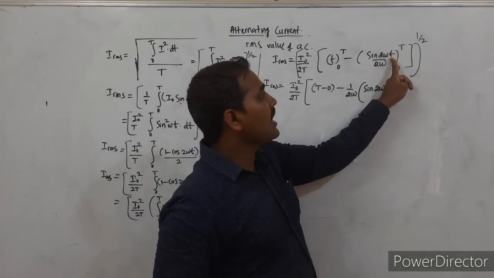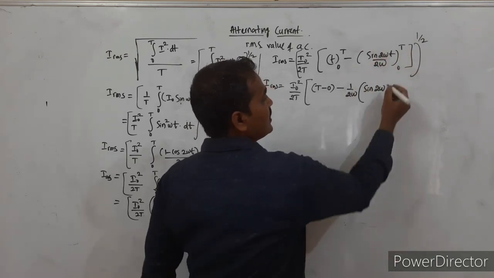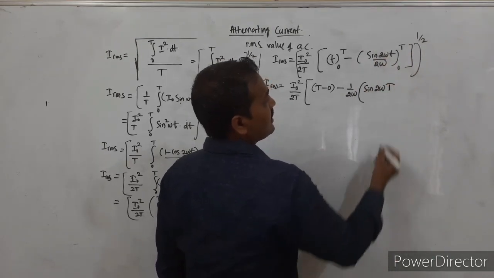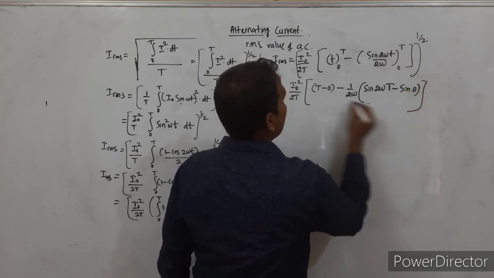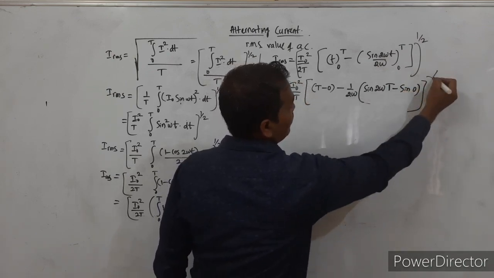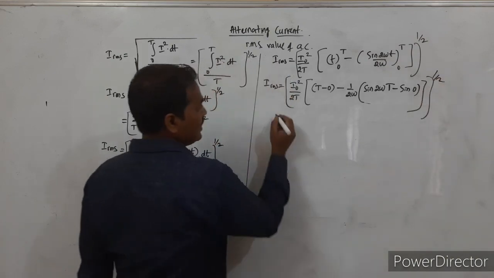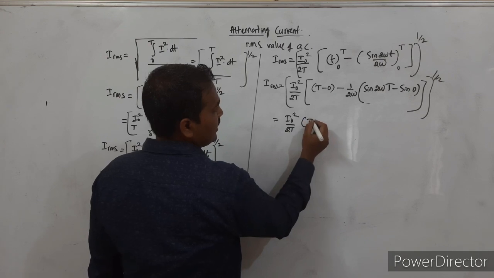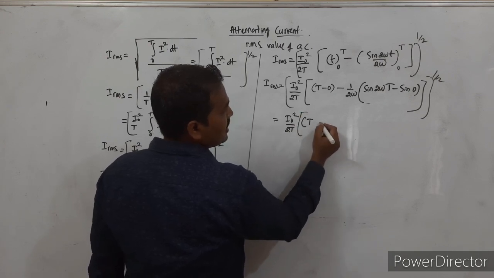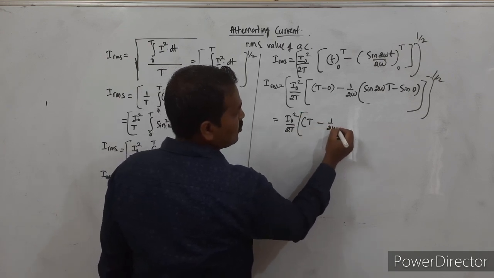There I substitute the limit, so I can write it as 2 omega into capital T minus sin of lower limit 0. For this whole term I have to take the square root. Let us simplify this: I naught square divided by 2 times T into bracket T minus 1 divided by 2 omega.